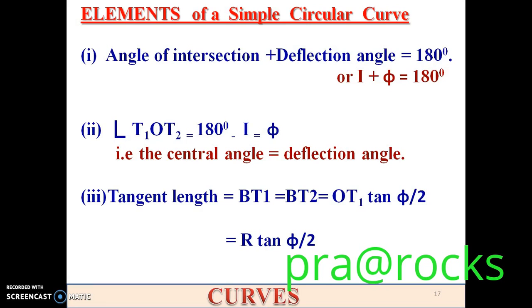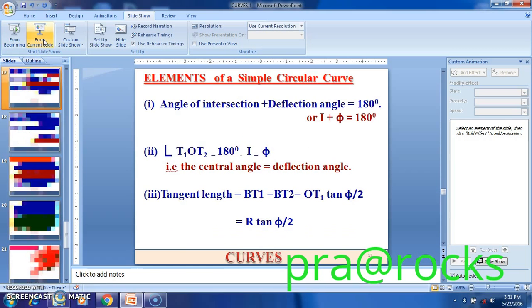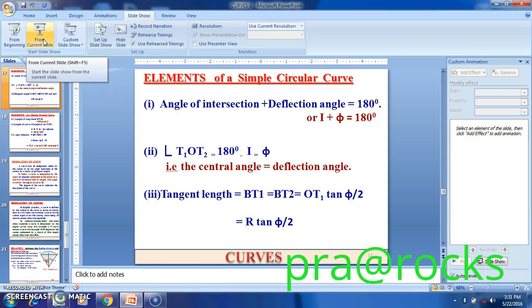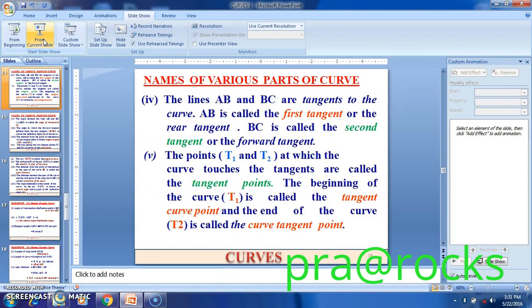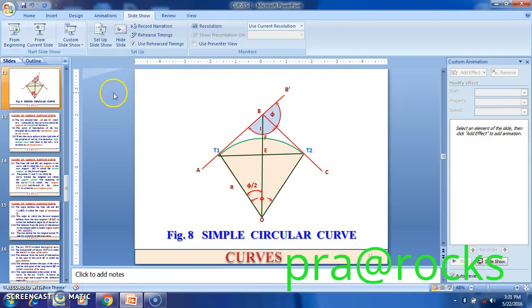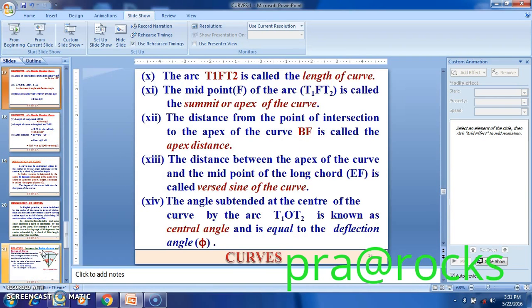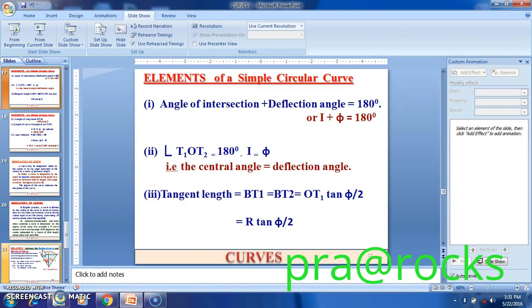And the tangent length BT1, equal to BT2, will be equal to R tan phi by 2. We can see here the tangent lengths BT1 as well as BT2. This angle will be phi by 2, so this length will be R tan phi by 2.